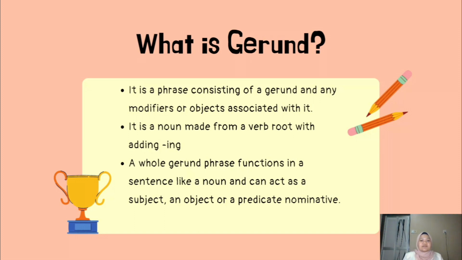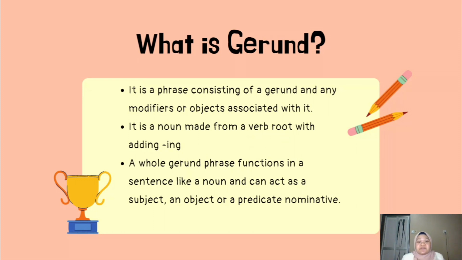Okay, so first, what is a gerund? It is a phrase consisting of a gerund and any modifiers or objects associated with it. Basically, a gerund is a noun which is made from a verb root such as swim.